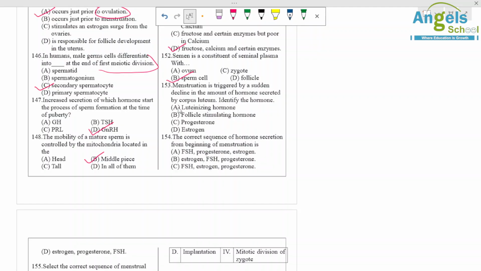Okay, so progesterone is responsible for this reaction, so progesterone is the correct option, option C. The correct sequence of hormone secretion from the beginning of menstruation is, okay, first the hormone during the menstruation cycle is FSH, then the level of estrogen increases, and then progesterone. Okay, so the C option is correct: FSH, estrogen, and progesterone.